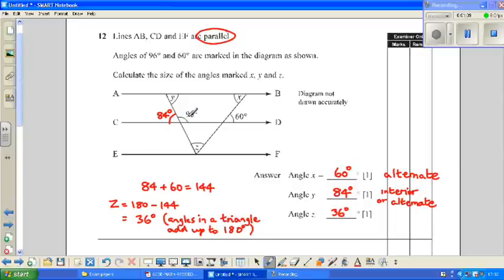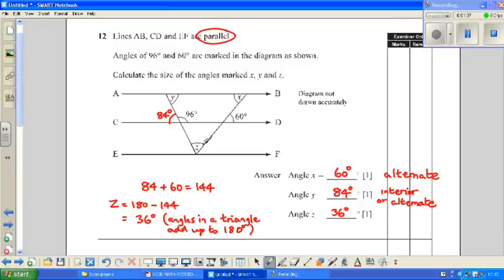So you can work out Y by taking 96 away from 180, which is 84 degrees. Or you can think to yourself, 96 and this angle here make a straight line angle. So again, that's 180. So this angle must be 84. And that angle and Y are alternate angles, so they're equal. So either way, Y is equal to 84 degrees.